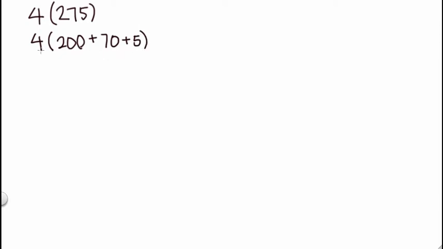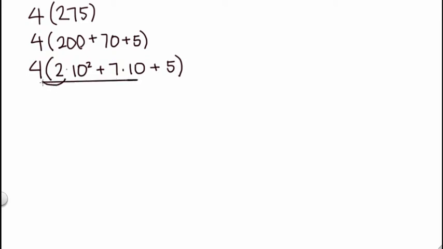But instead of writing 200, I could also just write it as 2 times 10 squared, because 10 squared is 100, plus 7 times 10 plus 5. And then, using the distributive property, I'm going to distribute the 4 into each part.